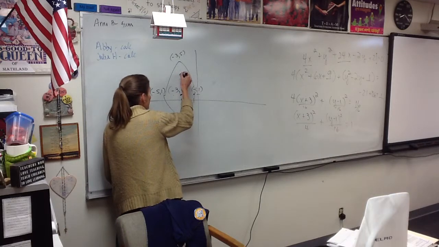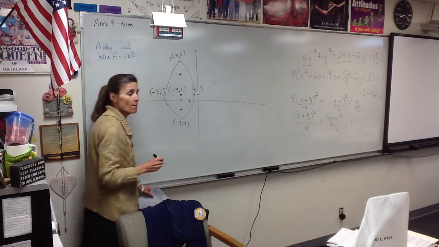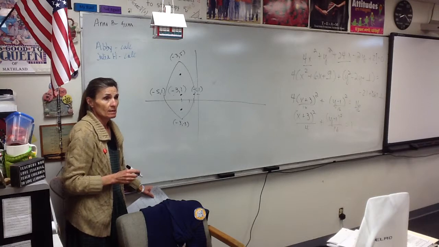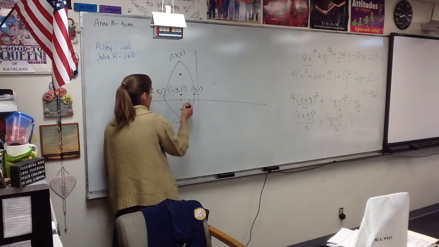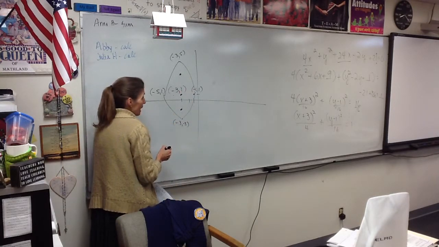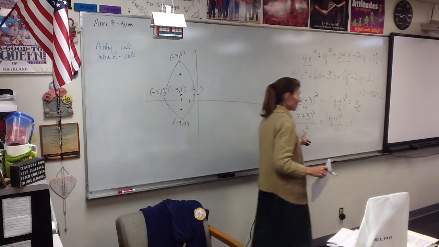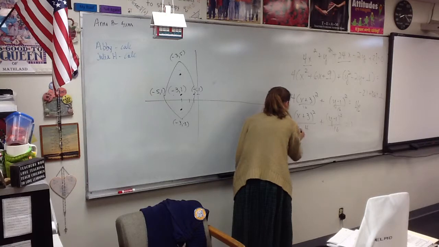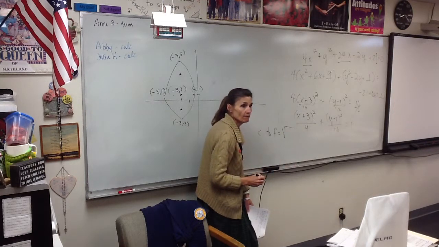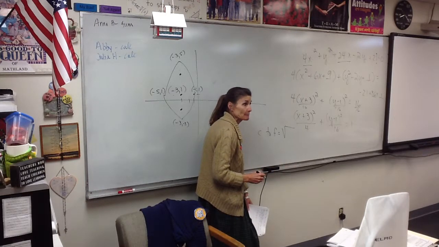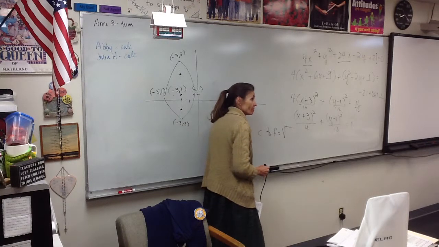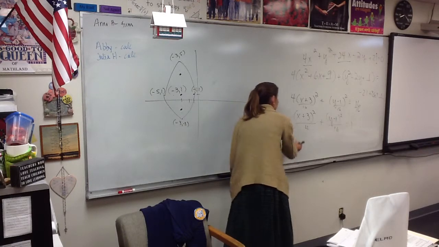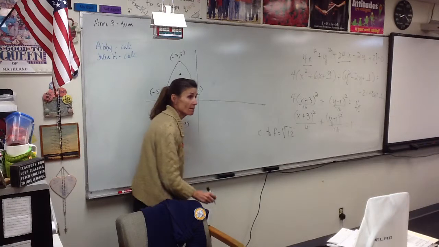I need my foci. Now remember, they're on the major axis. So we're going to count up and down. How far do we count? Remember how we do that? Center to focus for this guy would be the square root of 12. Remember, we subtract our denominators.